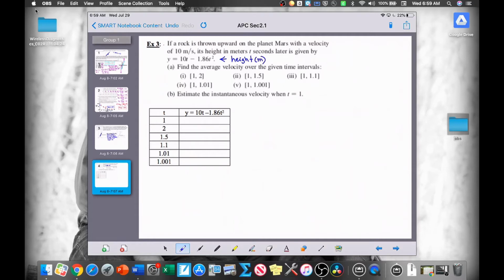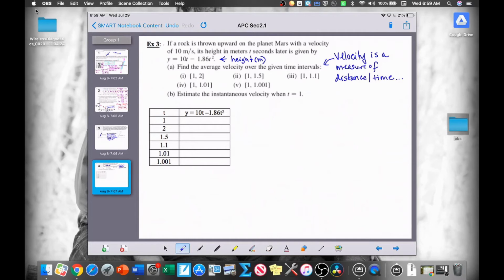Part A asks us to find the average velocity over the given time intervals. So first of all, I want to remind you that for this problem, velocity is a measure of distance over time. Okay?